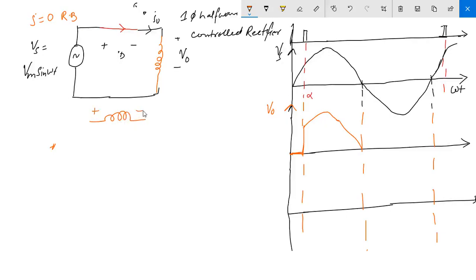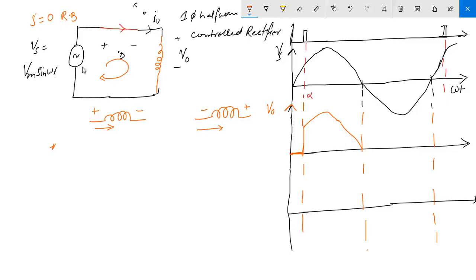It gets charged during this period with this current direction, and it discharges with the same direction, but the polarity changes, right? So it will discharge, but it will make your SCR stay on during the negative half cycle also. During the negative half cycle it will be on because it is charged during the positive half cycle.